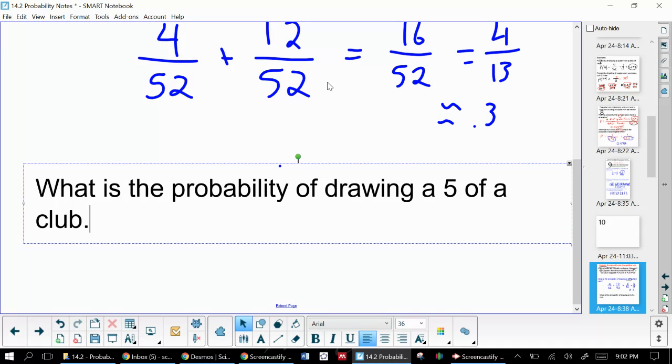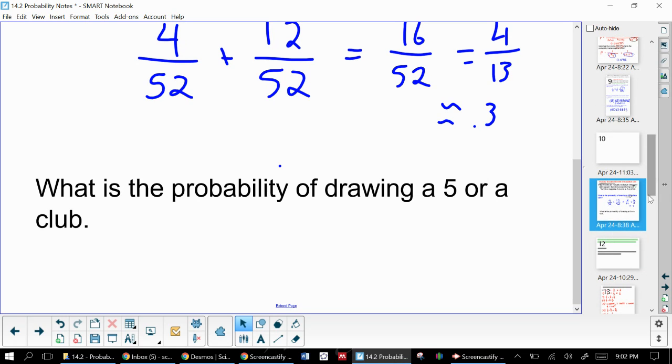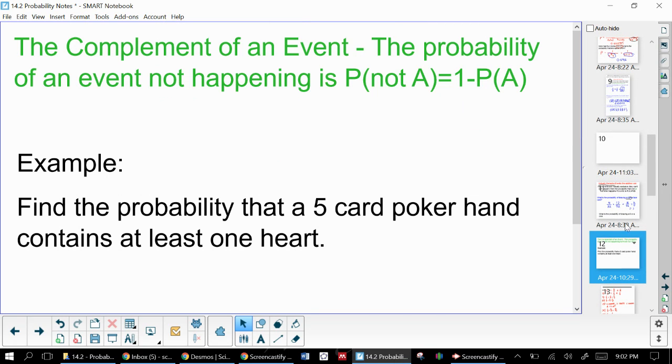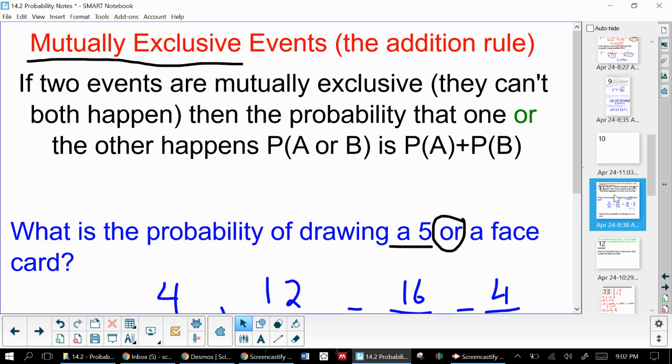And so we'll talk about that next week, how we deal with that, if we wanted to calculate something like this, the probability of drawing a 5 or a club.